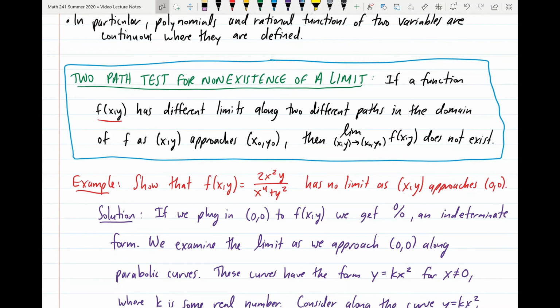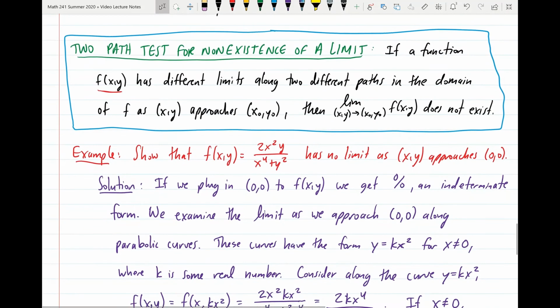If I have a function f of x, y and I approach a limit point from two different paths that are in the domain of my function, and the limits that I get along different paths do not equal one another, then the limit as x, y goes to x0, y0 of my function does not exist. So the limit does not exist at that point if this is the case.